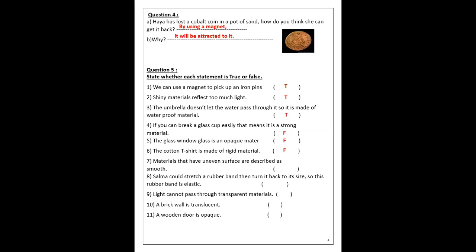The opposite is the rough material. The rough material has ups and downs, has uneven surface. When you put your hands on it, you will find your hands are not sliding. So it's saying to you, the uneven surfaces, it's described as smooth? No, it will be rough, of course, right?